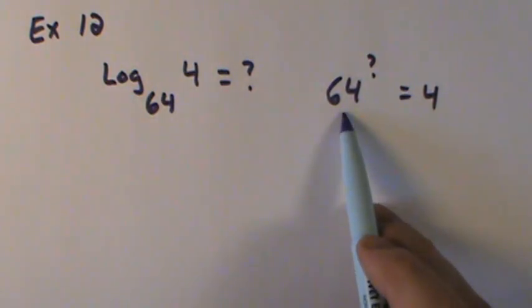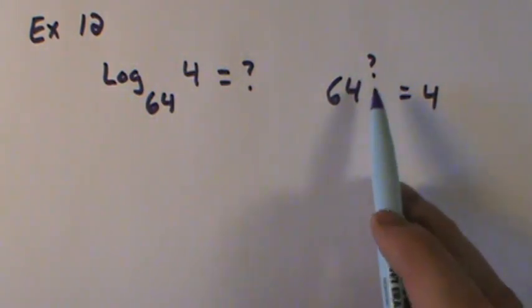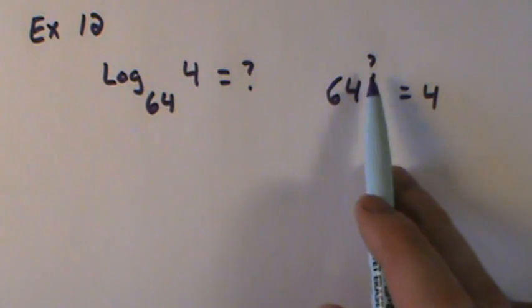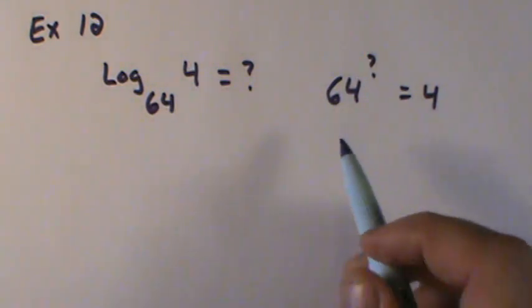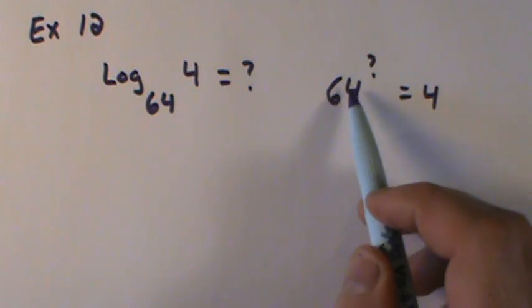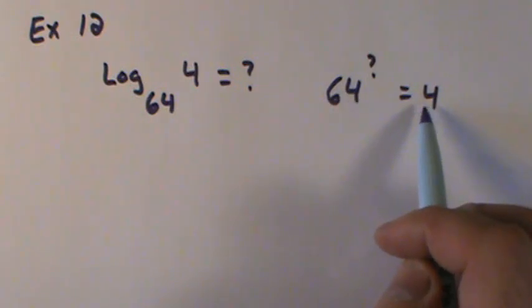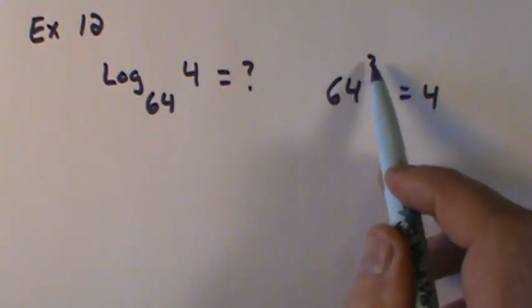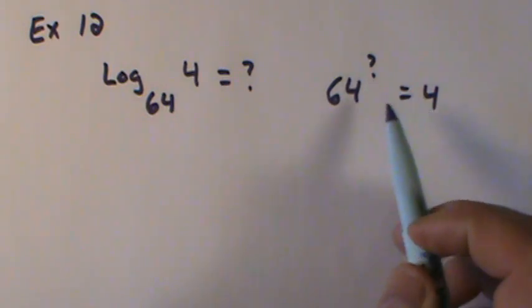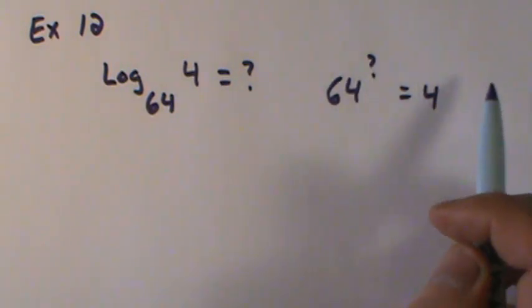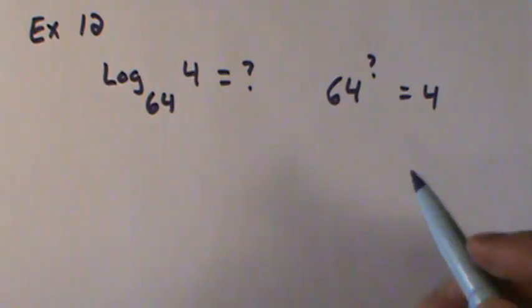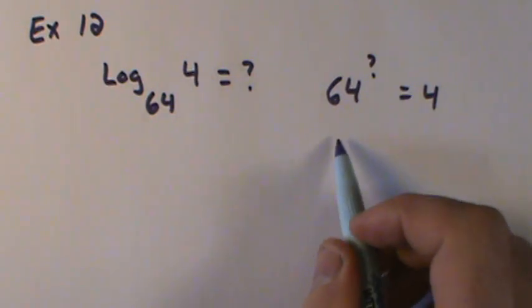Now if your base is bigger than your answer, chances are this is going to be a radical or a cube root or something like that. It's asking, how does that 64 get broken down to get you to 4? Because you're not raising it to a power. If you raise it to the first, it's already 64. Squaring it and cubing it, that's just going to get bigger. So it must be a root. And so you could start running through those.